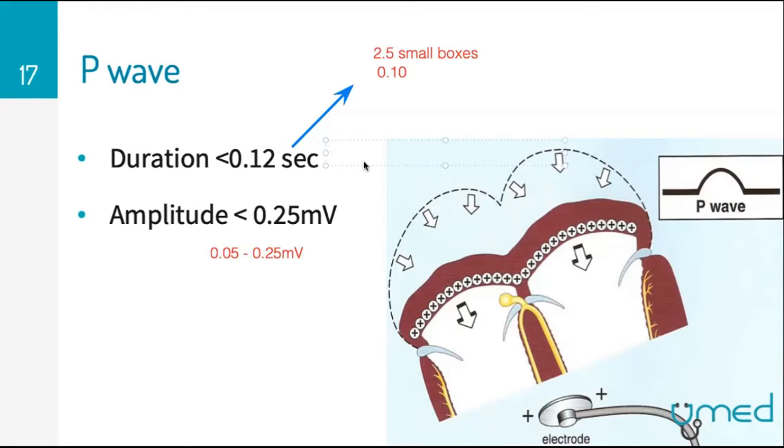I'll edit the slide to your comfort as well. For example, in your textbook it might be 0.06 to 0.10, but it varies from literature to literature. So I just found it more convenient to remember it like this.